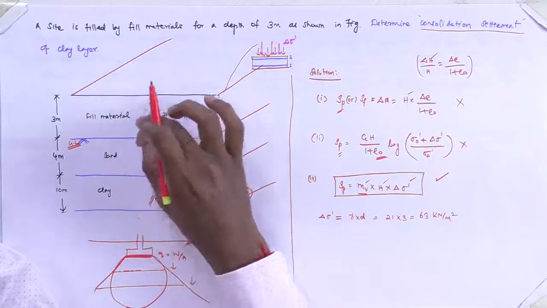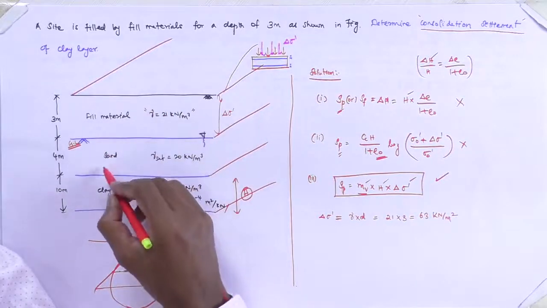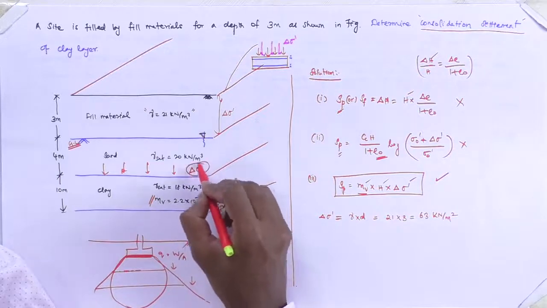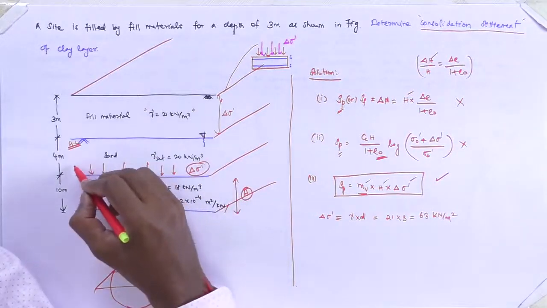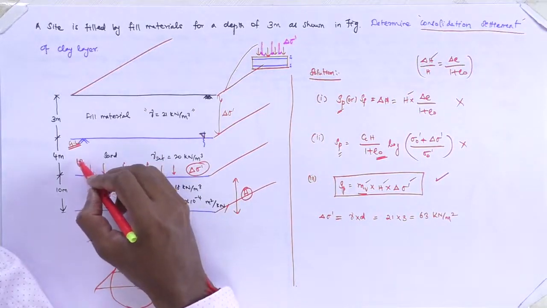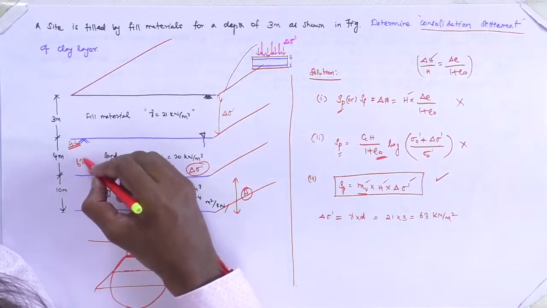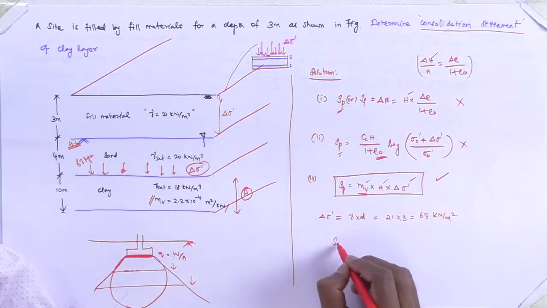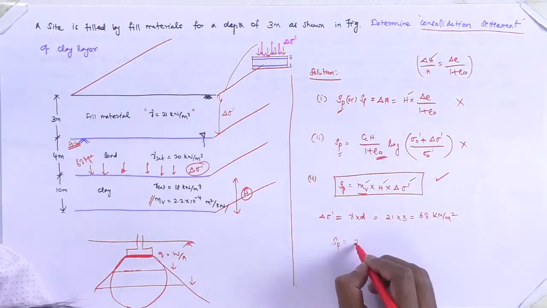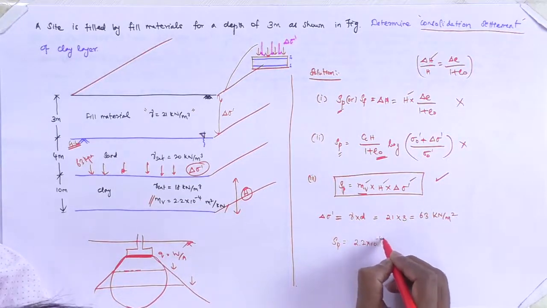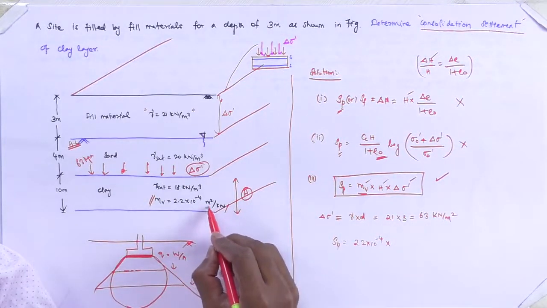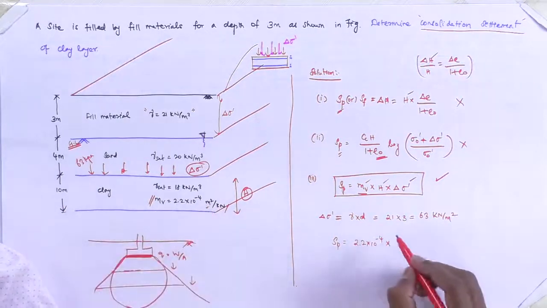It is added as an additional pressure over this sand layer, so it is going and acting. So del sigma dash value is 63 kilonewton per meter square. So Sp is given by mv, which is 2.2 into 10 to the power minus 4, and H. Here it is given in terms of meter square, so we can better take it in meter as well.